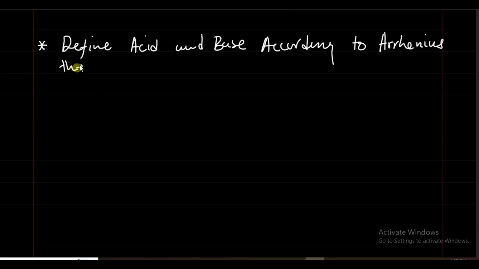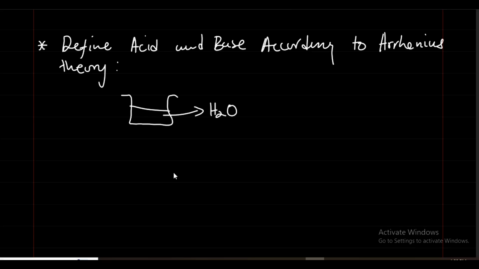According to Arrhenius theory. Okay, so now Arrhenius definition solely relies on water, or what we can call aqua. If I have water here, let's say I have a beaker of water, right? So inside water, the water molecule, we know that is H2O, right?